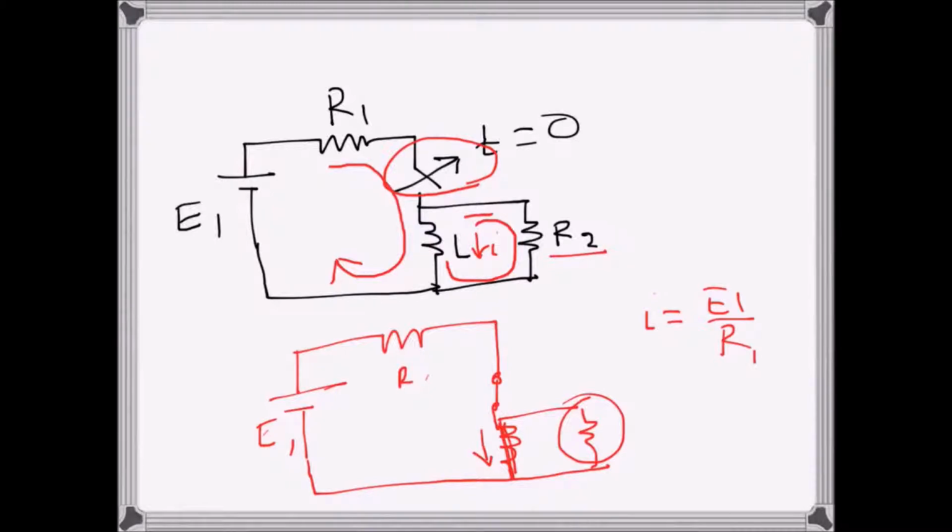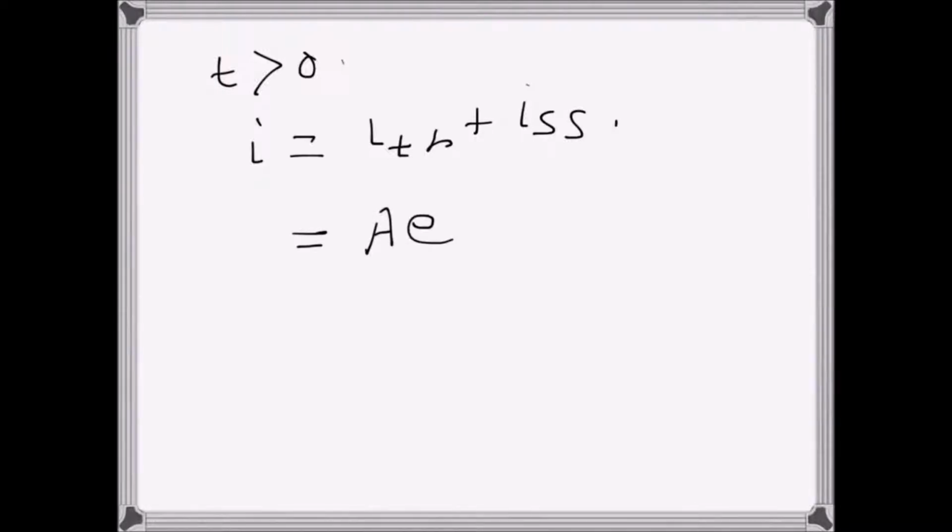So if I write the current equation for t greater than 0, I will be of two components again, I transient and I steady state. Now the transient component again will be a decaying one, a constant times e to the power minus t over tau, and then the I steady state.